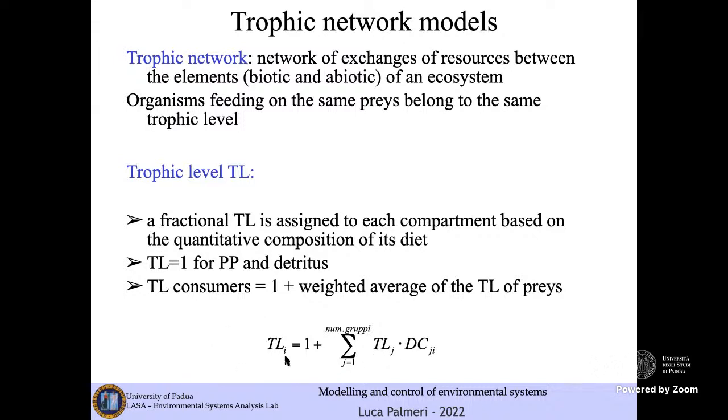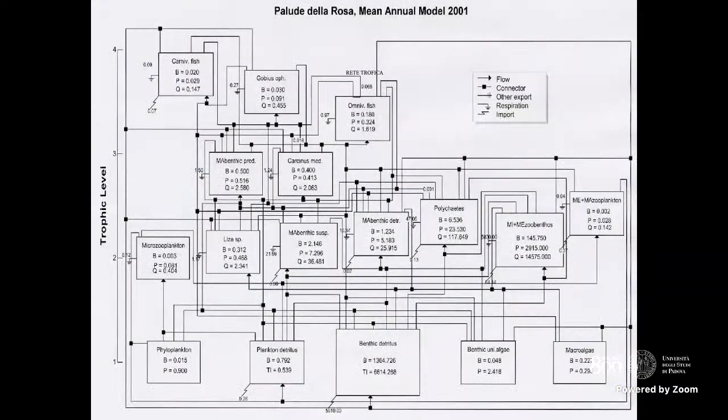For example, the trophic level of compartment E is equal to 1, by definition the trophic level of primary producers, plus the weighted average of the trophic levels of the prey of organism E. So you sum the trophic levels of the prey, weighting them in terms of the importance or magnitude of the flows between the compartments.